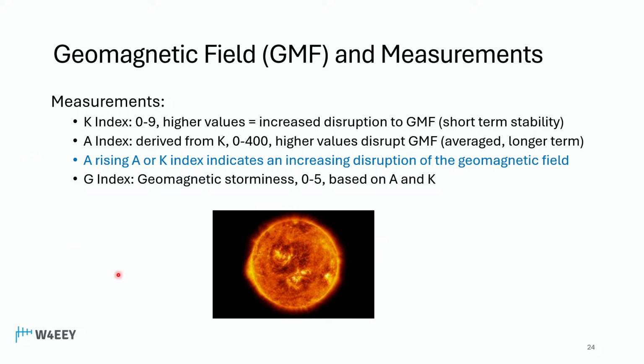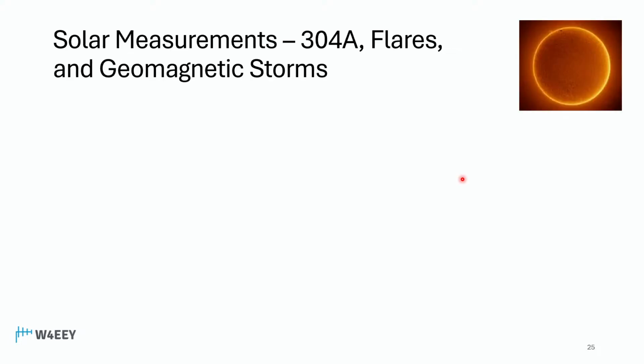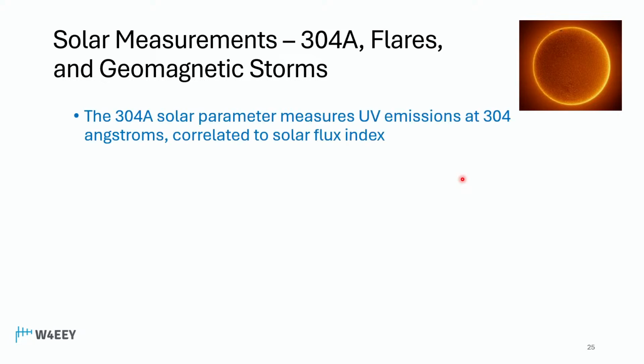The G index is measuring geomagnetic storminess. It ranges from 0 to 5, and it's based on A and K. A lot of these things are related. We've got a few more measurements here. We've got something called the 304A parameter, and then measurements for flares and geomagnetic storms.